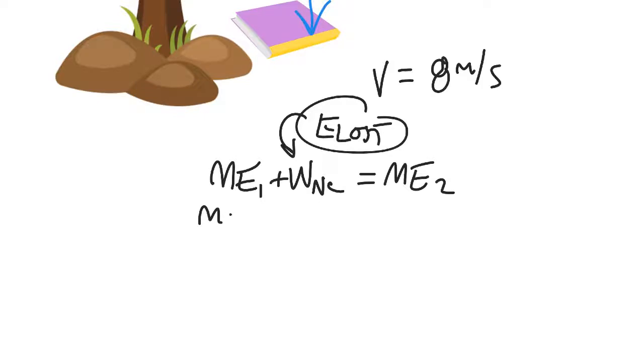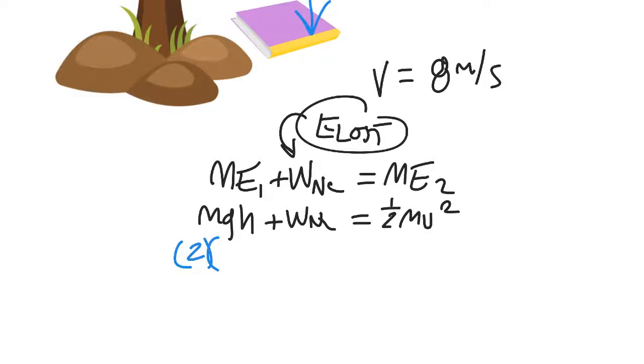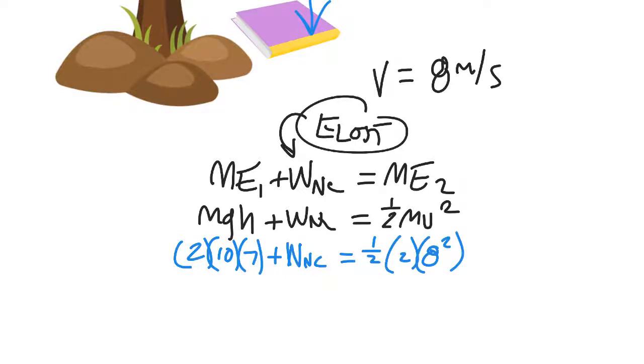So we started with mgh plus work non-conservative equals, at the end, 1/2 mv squared. Remember that the mass of the book was 2 kilograms, g is 10, and the height was 7 meters, plus work non-conservative equals 1/2, 2 kilograms, and now our velocity at the end is 8 meters per second, squared.